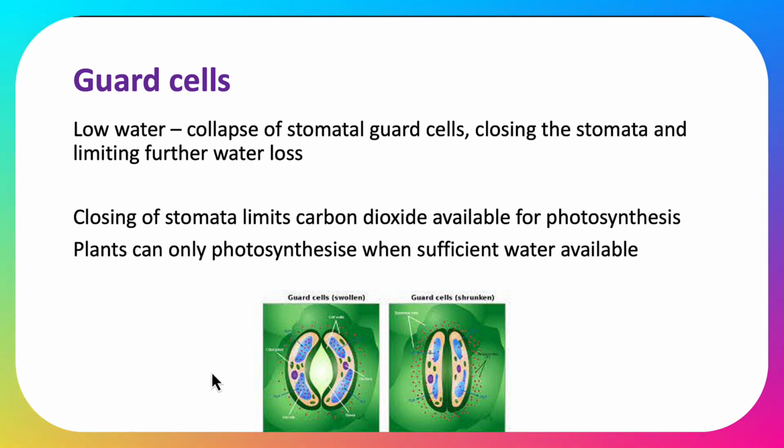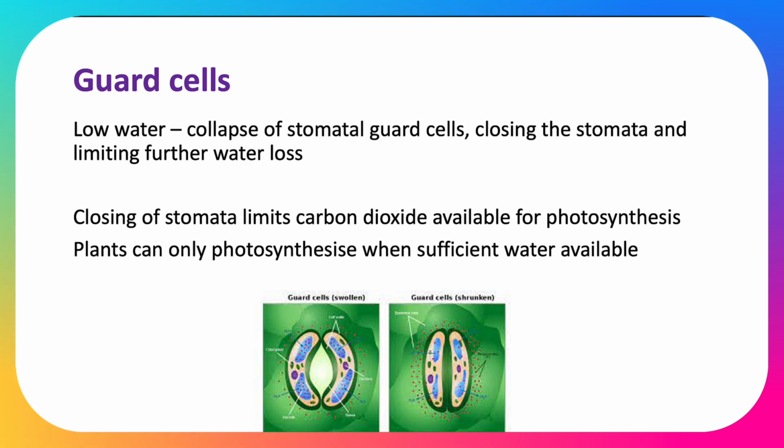Now, the way this occurs is that ions are actively pumped into the vacuole and water then follows. So the guard cells swell, and because the inner side of the inner cell wall of the guard cell is thicker than the outside, when the guard cell swells, it ends up with this jelly bean shape here, and on either side, it opens up a hole in the middle.